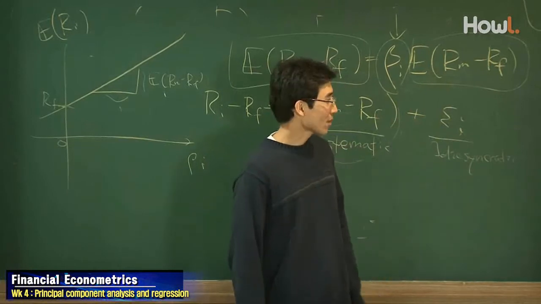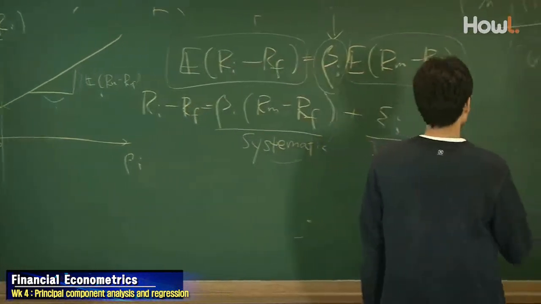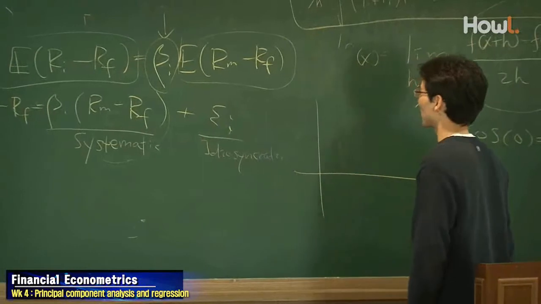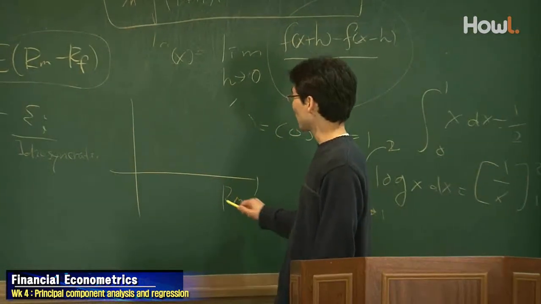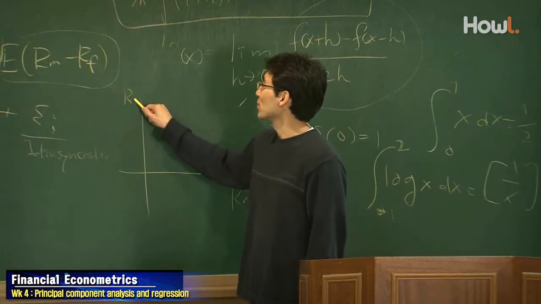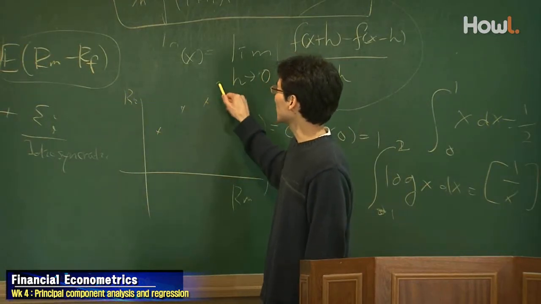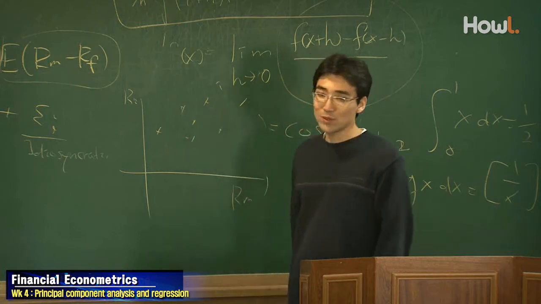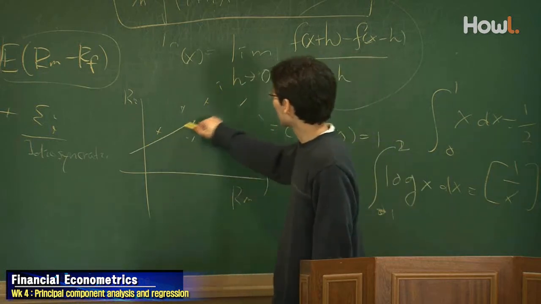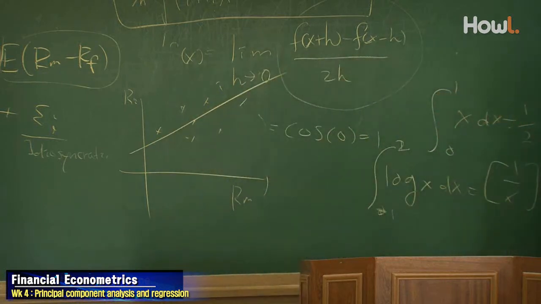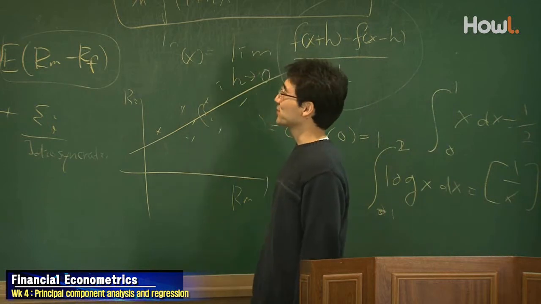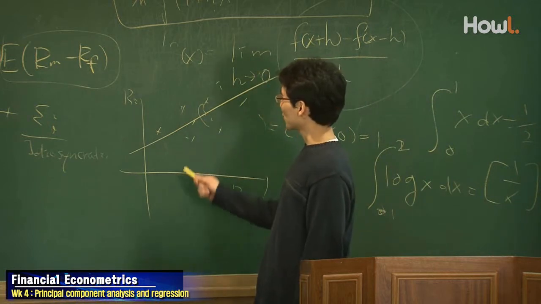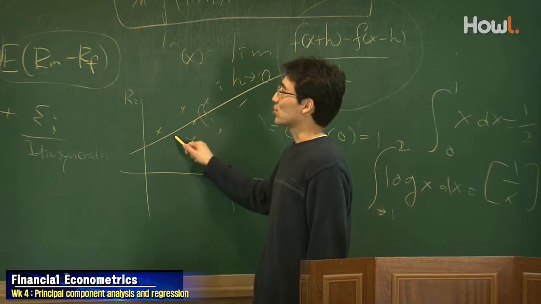So when we estimate it, we usually use this data: this is market return, and this is usually excess return, and we have a lot of data points. The regression line looks like this, and the slope of this line is actually beta I.